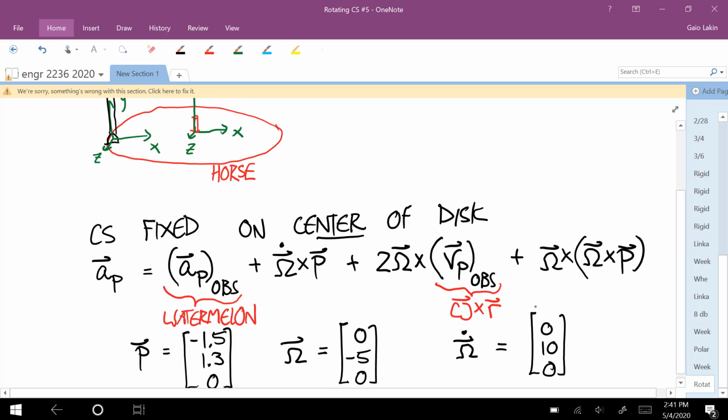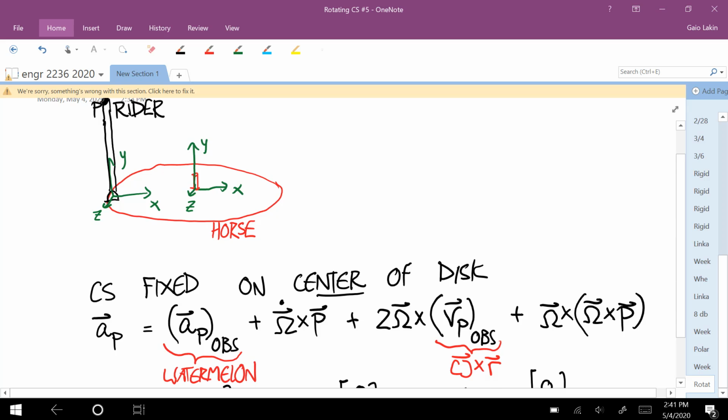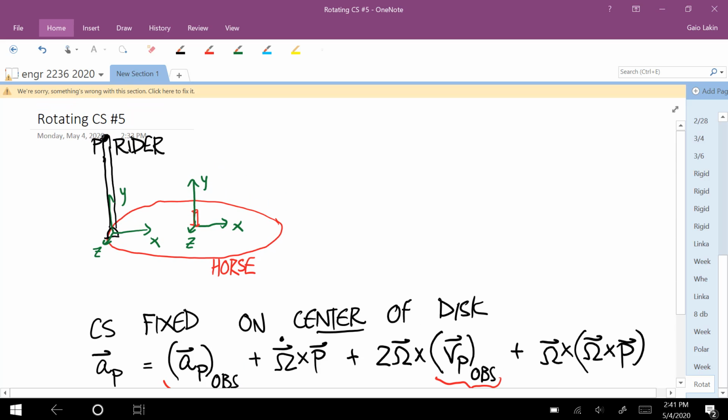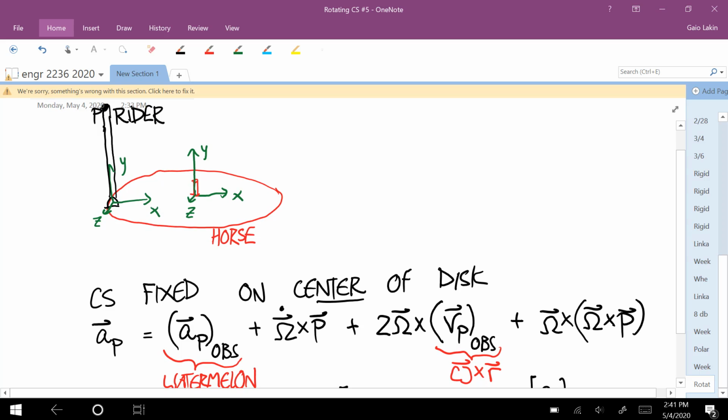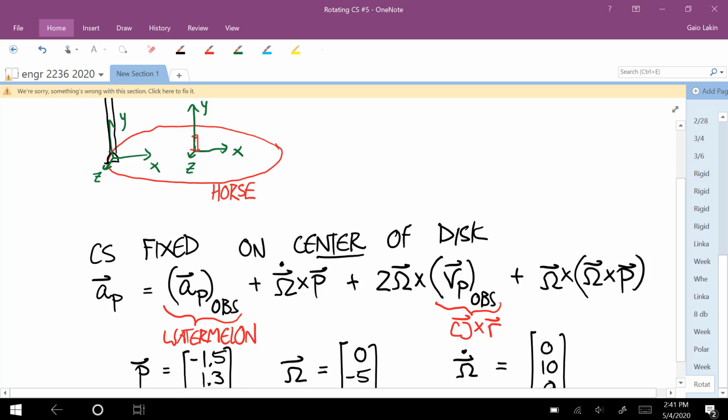And now we have to think about the stuff that we need for the rotating coordinate system. So now we're forgetting about the motion of the disk, and we're just thinking about the observed circular motion of P around its hinge. It says that at this instant, it's rotating about its hinge with a constant angular velocity of 8 radians per second.